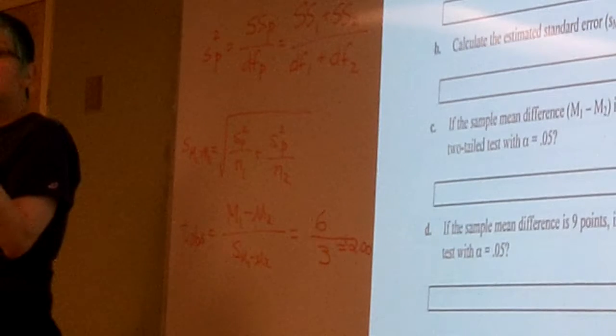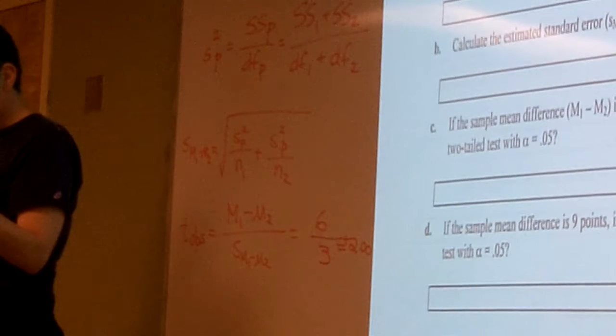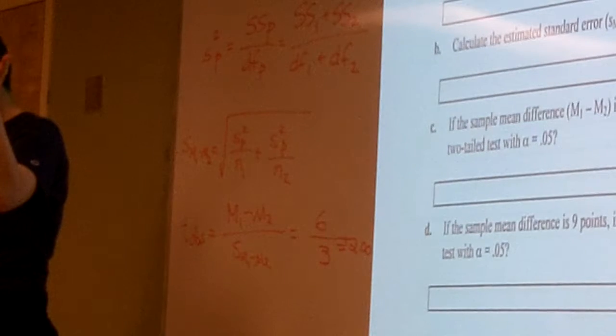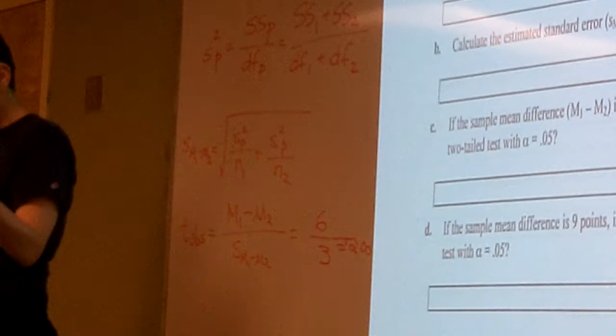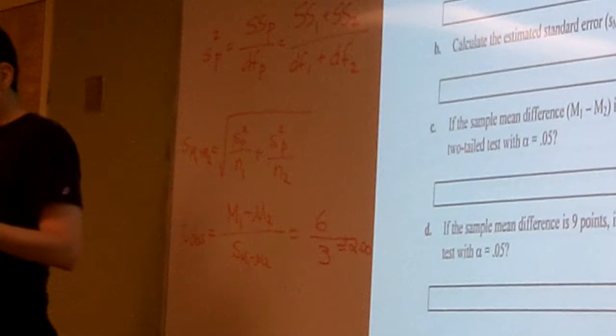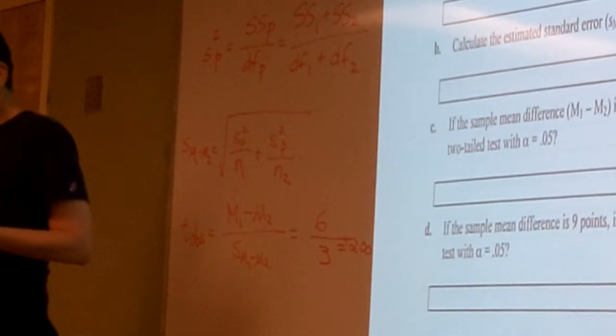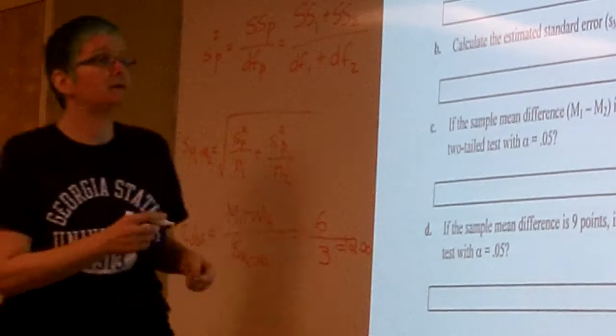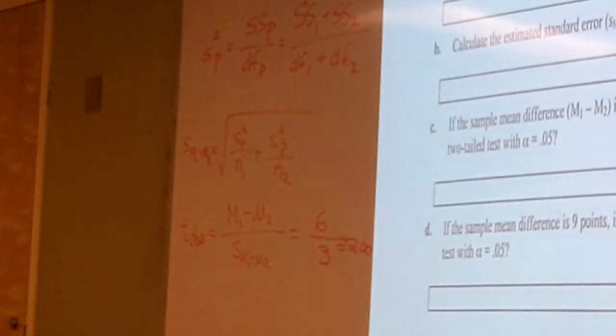Pooled. We're going to use degrees of freedom pooled, and we figured that out in step 1A. In 1A, we figured out that degrees of freedom pooled is 10. So if we're using degrees of freedom 10, alpha is 0.05, for a two-tailed test, our critical value is going to be plus or minus what?